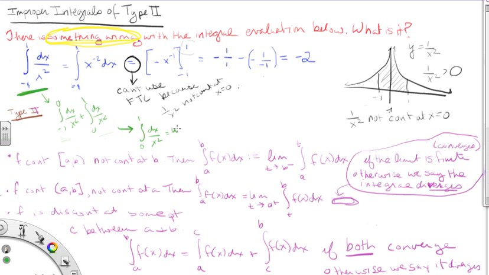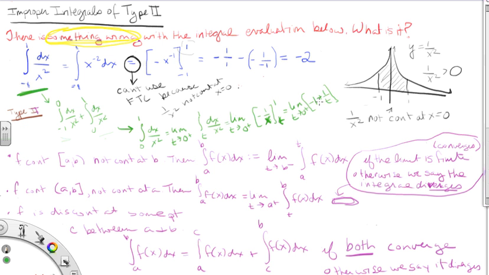That's going to be the limit as t goes to 0 from the positive side, because 0 is the discontinuity, of the integral from t to 1 of dx over x squared, which is the limit as t goes to 0 from the positive side of -1 over x evaluated from t to 1, which is the limit as t goes to 0 from the positive side of -1 minus -1 over t, so that's plus 1 over t.